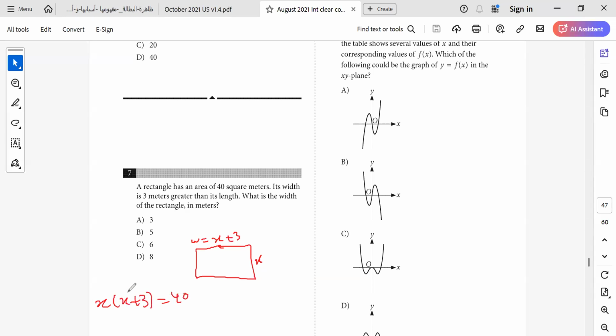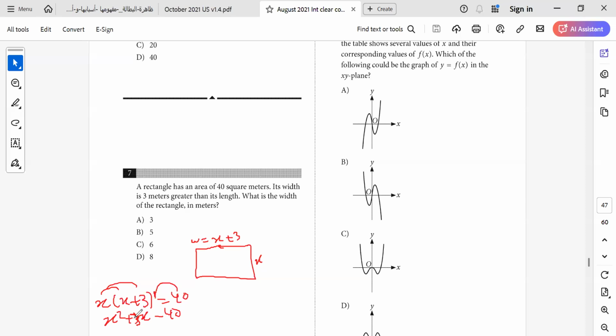Can you solve the equation? Of course I can solve it. Expand the bracket, x squared plus 3x, bring 40 here, in the calculator mode 5 3, you'll get two values of x. Ignore the negative value and take the positive value.